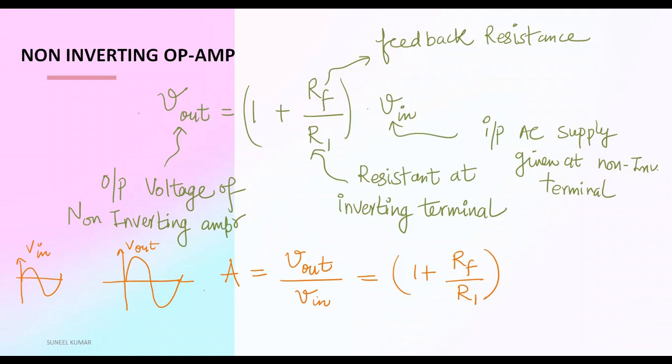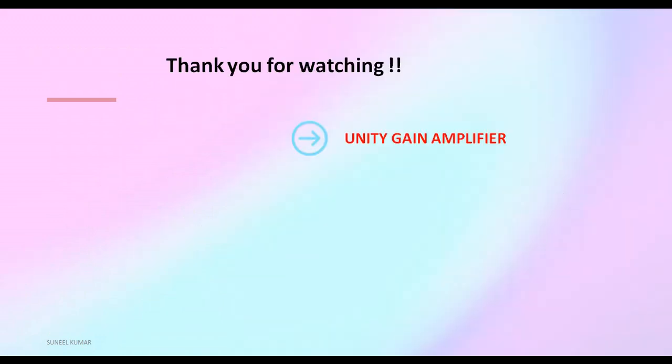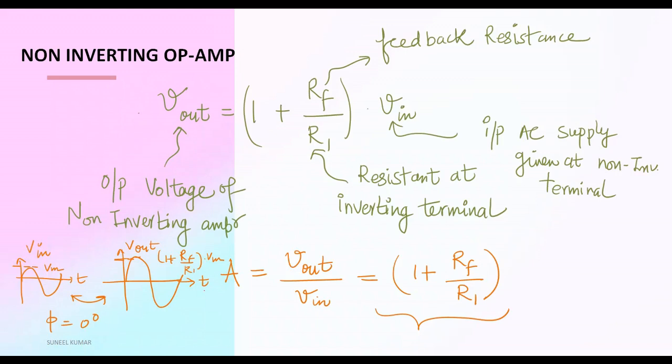Let's say this is the time domain, T. There is no phase shift, 0 degree phase shift. If this value is Vm, this value will be 1 plus RF by R1 into Vm. So it concludes that in the non-inverting amplifier, we will get a positive output. Positive output represents that there is no phase shift between input and output.